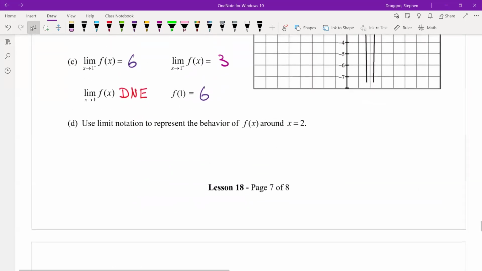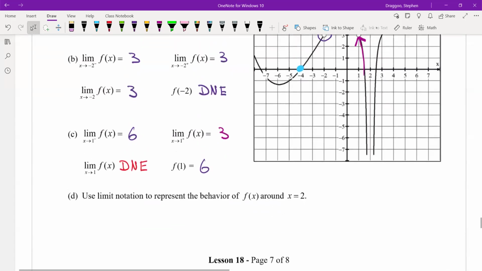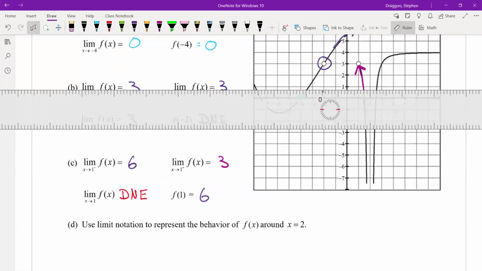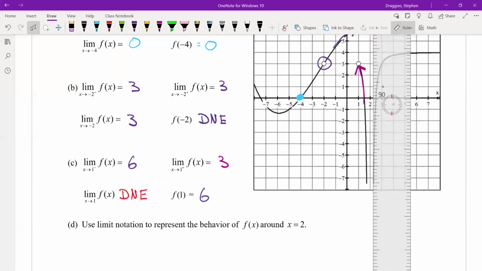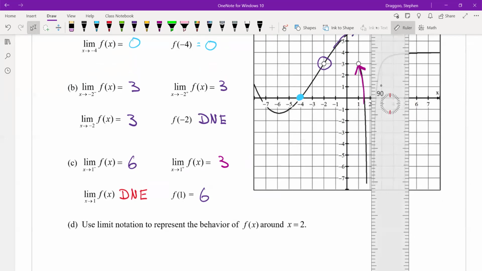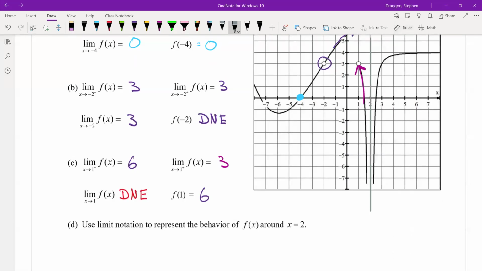Now, using our limit notation to represent the behavior of f around x equals 2, that is my vertical asymptote right over here. So what's going on? If we try to send x to 2, first of all, I can't plug it in because there's an asymptote there, and that's a problem.